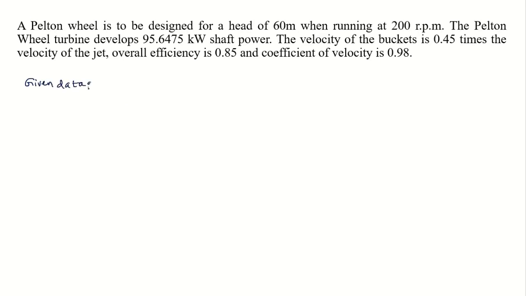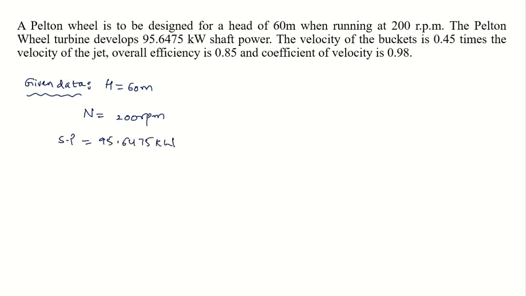Corresponding to the given data, we have capital H equal to 60 meters, the head under which the turbine is working. Next we have speed N equal to 200 RPM. Next we have the turbine developing 95.6475 kilowatts of power, which means it is the shaft power.